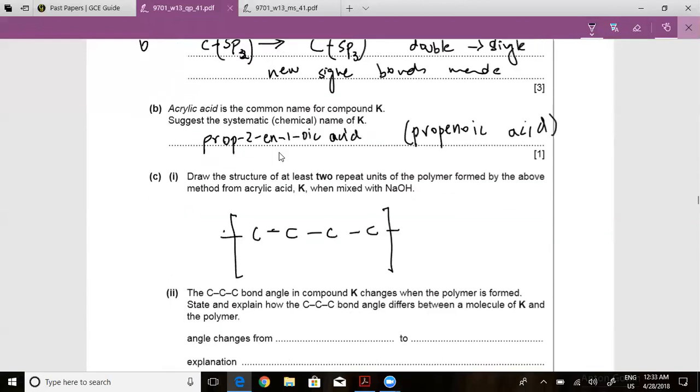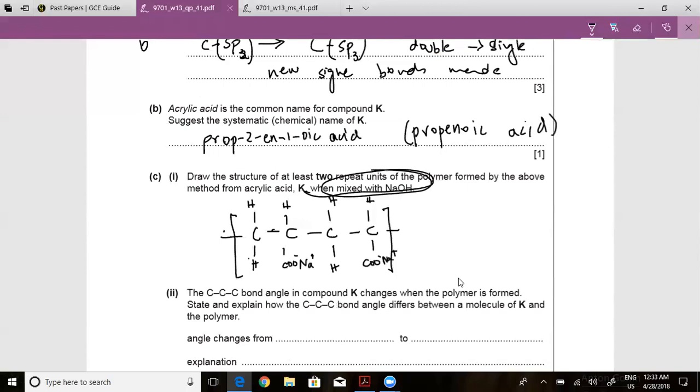Okay, now you need H here, COO minus here, H here, COO minus. You're adding the COO minus because it's mixed with COONa, so COO minus, Na plus. Remember, you have added NaOH.